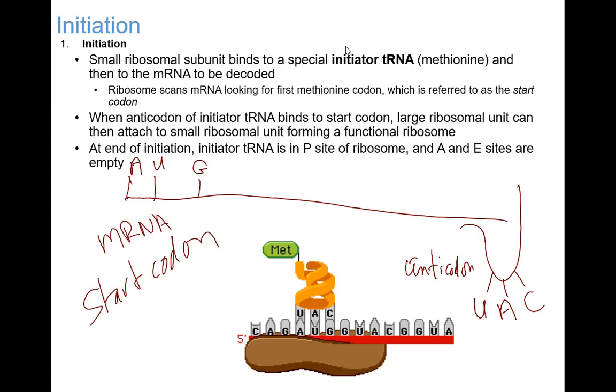That would be A. What's the complement to G? That would be C. So UAC is the anticodon. The transfer RNA comes down and binds to the codon. The anticodon here, found on the transfer RNA, is going to bind to the codon of the messenger RNA.